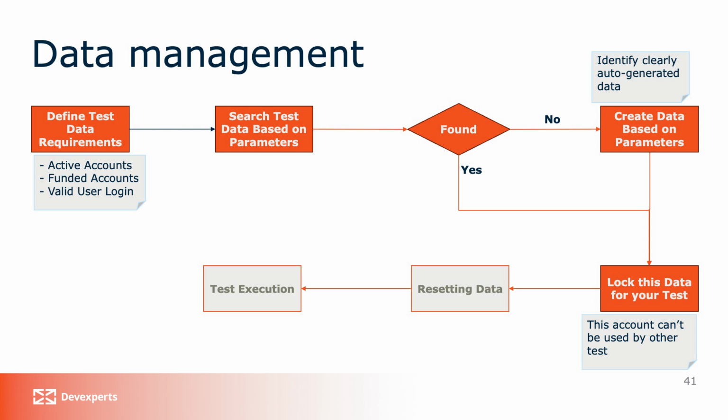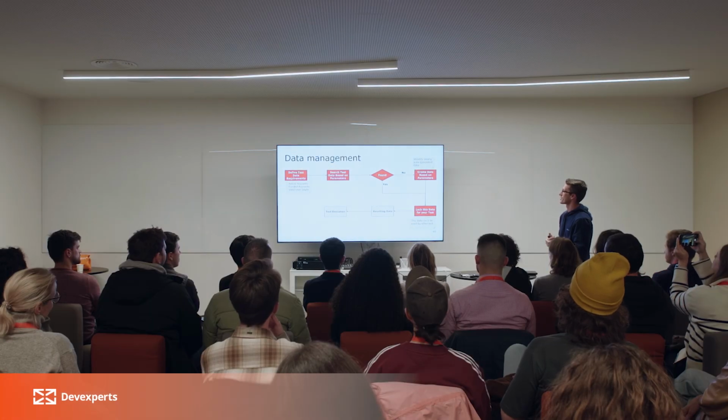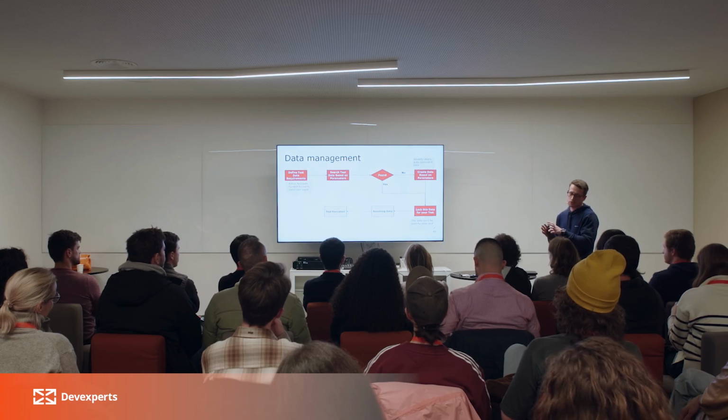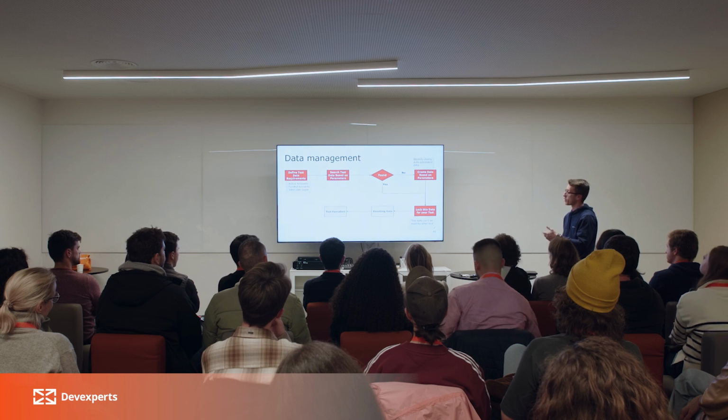Once we have this precious data, this precious account, right? Then we lock this data to use only on our test. So this means that this data cannot be used by any other test and actually helps us to run them in parallel mode as well, because we can trust that the account will not be used by anyone else.